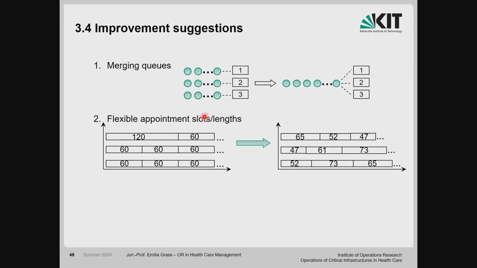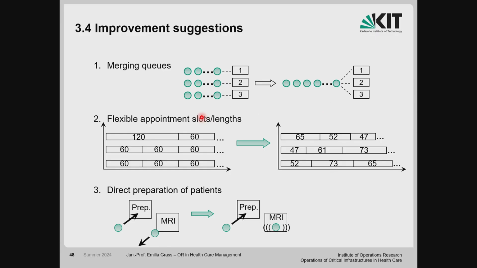But to go from these fixed time slots to flexible ones. And the third suggestion was not waiting till the MRI scanner is free and idle, but preparing the patient parallel to the MRI scanner preparation. Okay, so then I'm not waiting till the MRI scanners are free.